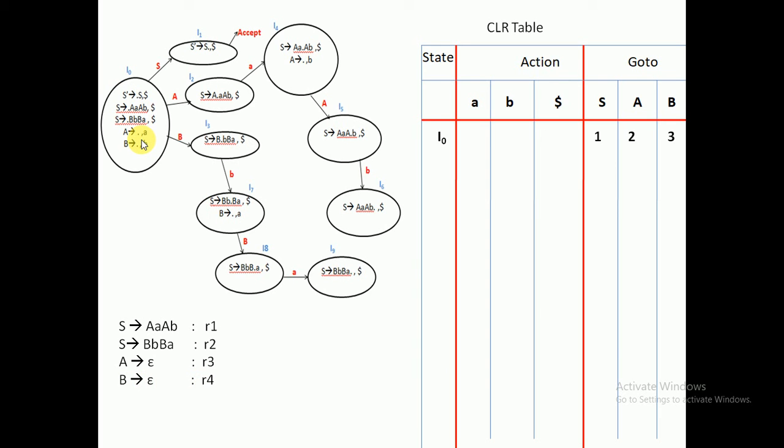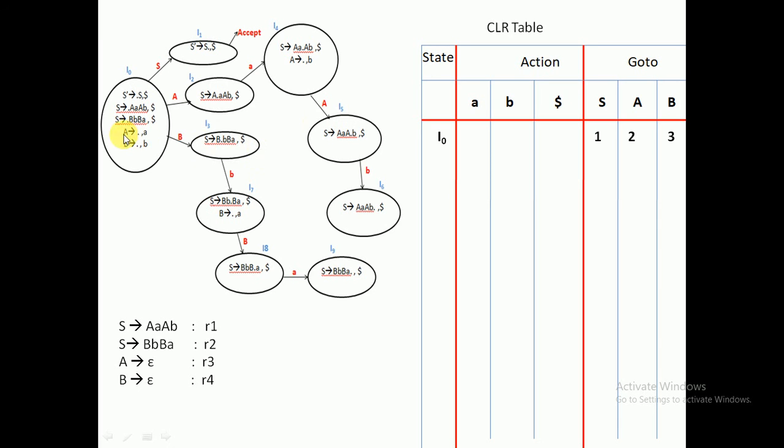According to the CLR rule, for any reduce production in any state, we have to write the reduce number in their lookaheads. Everyone should remember this point: in any state, for every reduce production, we write the reduce number in its lookahead.